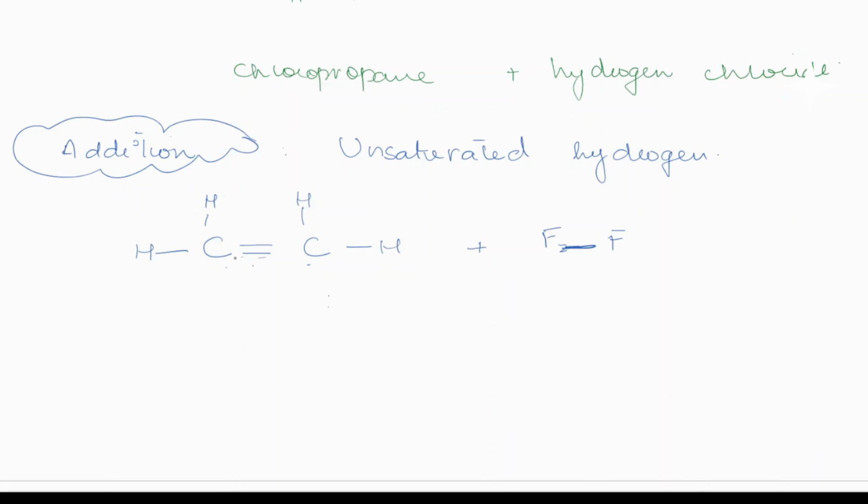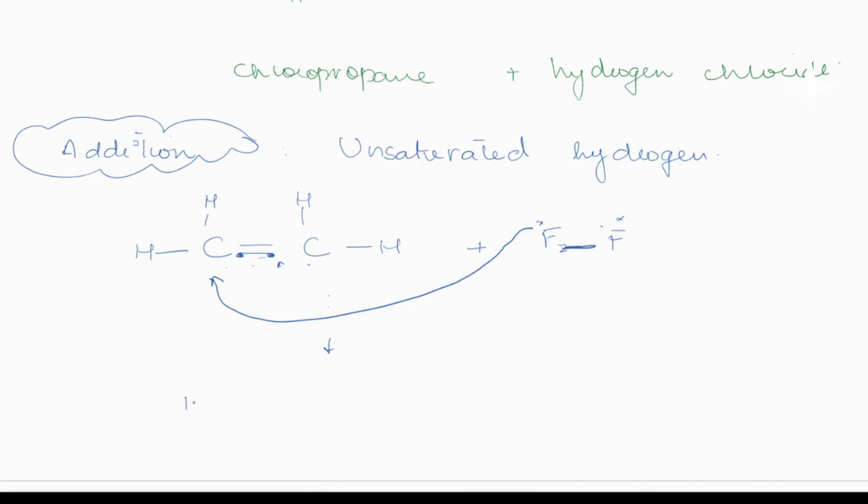We say one electron is shared here and one electron is shared here. I've told you that halogens are electronegative. They have the power to attract the shared pair of electrons, right? Fluorine has 7 electrons, and it needs only one more to complete its shell.